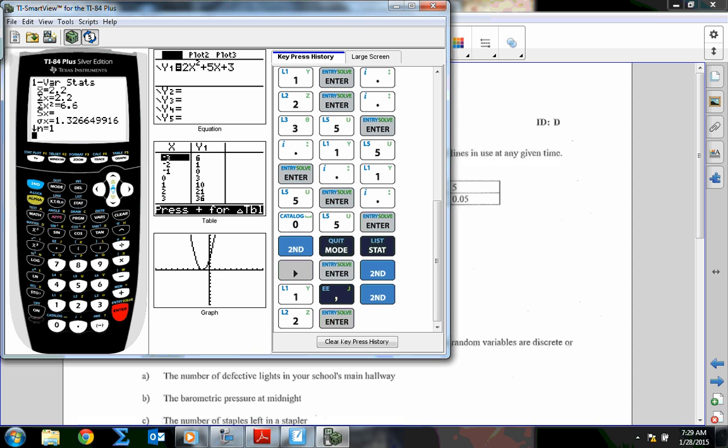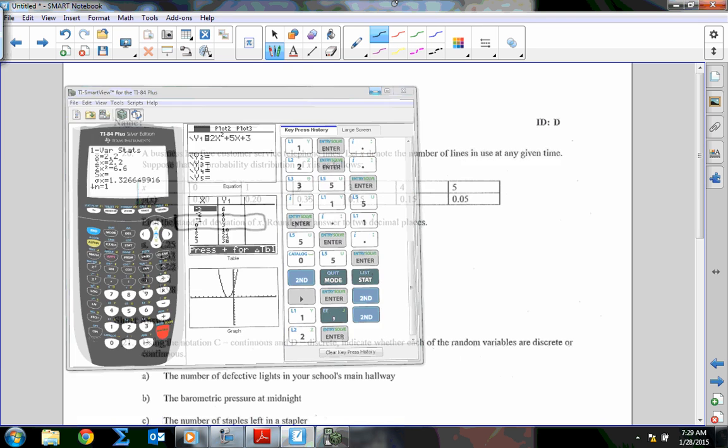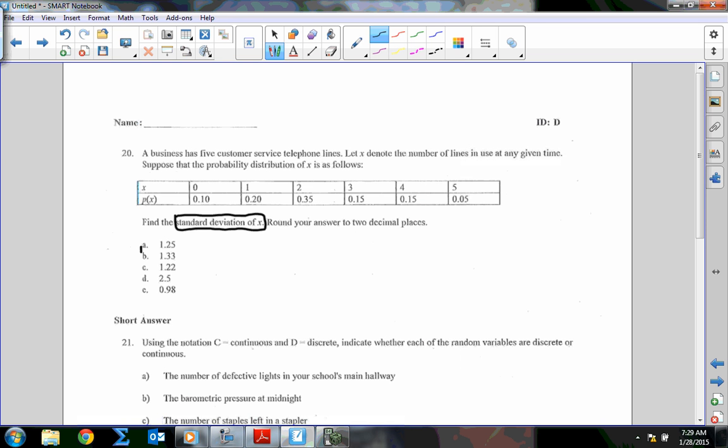And we're trying to find the standard deviation, which is sigma, and it's 1.326, so 1.33. And there's 1.33 there. So this answer was B.